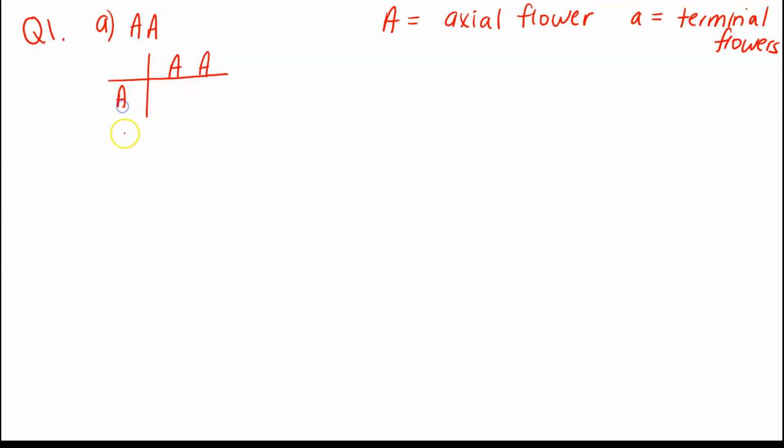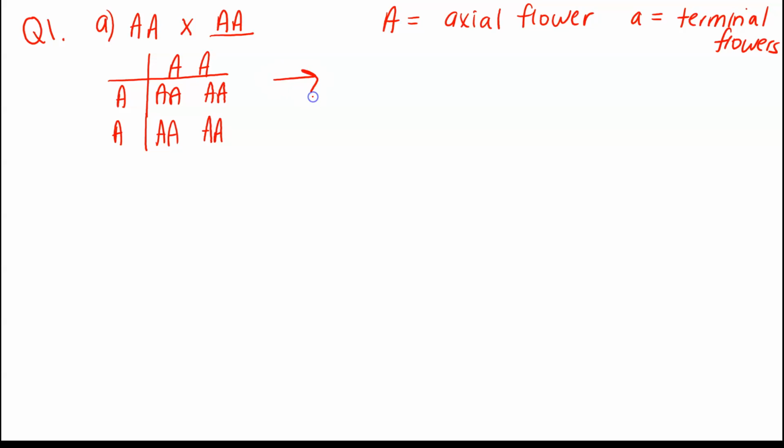So big A with big A. Obviously, all of the offspring are going to be big A. So this question was kind of a little confusing because you were only given one genotype. You weren't given another genotype of another parent. So I'm assuming that we are looking at the parents with the same genotype as each other.